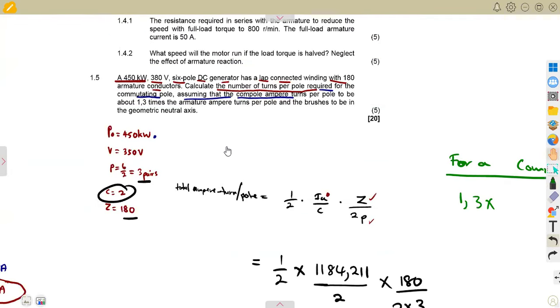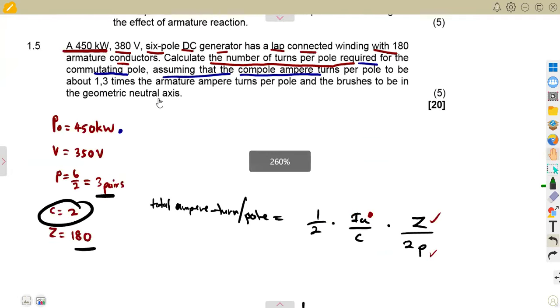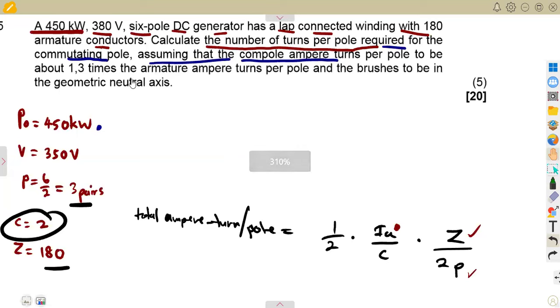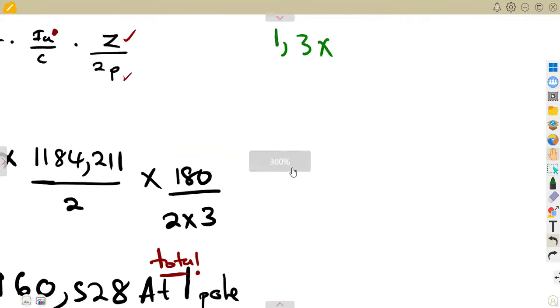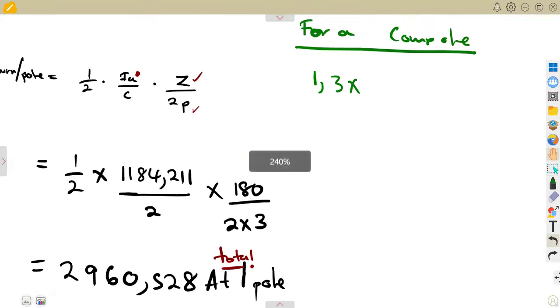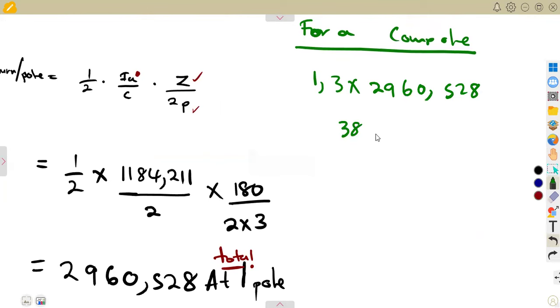Guys, let's go back. I talked about this here. 1.3 times, that is the product to the armature ampere turns per pole. So we calculated this, all right? 1.3 times 2960.528, which is ampere turns. So we are going to obtain 3848.686, which is ampere turns per pole.